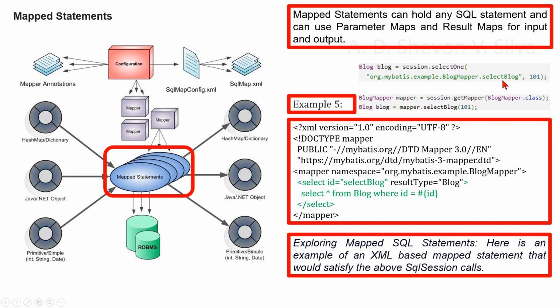This name can be directly mapped to the mapper class of the same name as the namespace, with the method that matches this name, parameter and return type as the select statement.